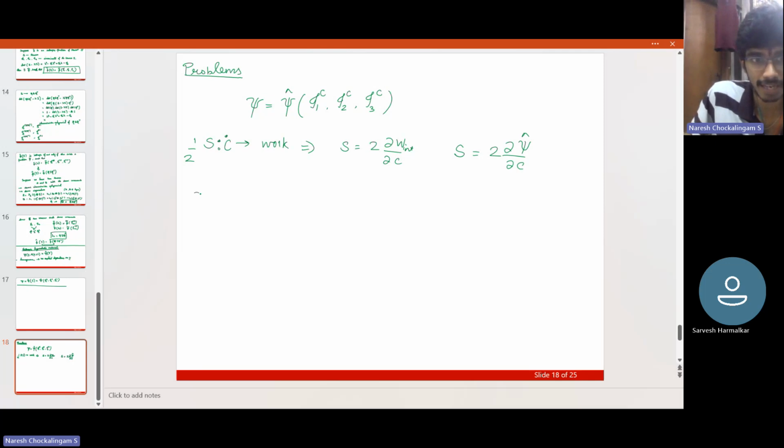Now what is dou psi cap with respect to C? Here we can use the chain rule.